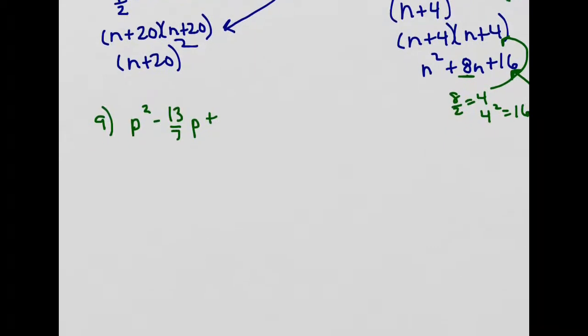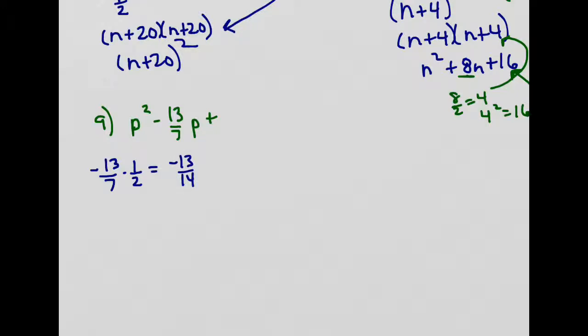So let's do another one. That was a nice and pretty one. This one's a little uglier because of the fractions, but it works exactly the same way. My b term is negative 13 over 7, and I'm going to take half of that. So I'm going to multiply it by a half, divide by 2, and I get negative 13 fourteenths.